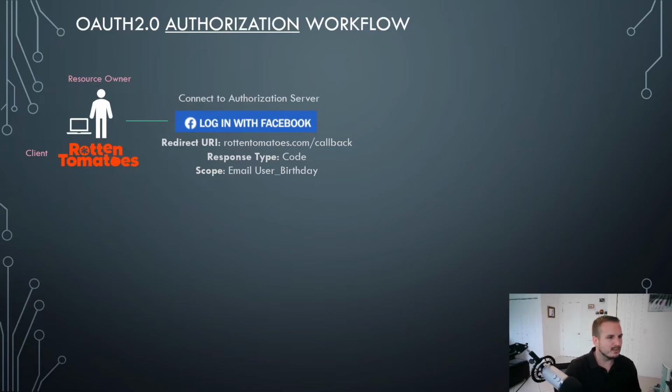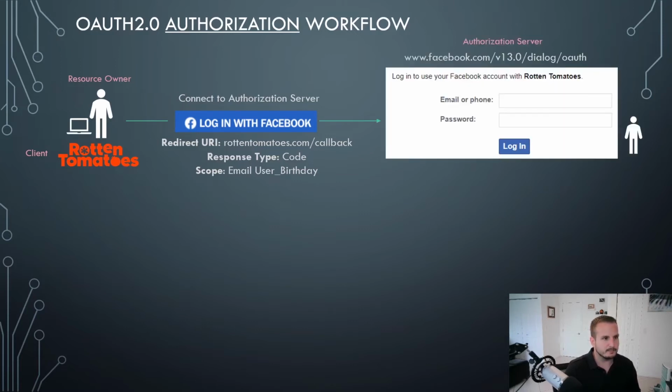Code is what you would typically use for a traditional explicit authorization workflow. Let's say for our scope, we want to ask for the email as well as the user birthday. If we just wanted the email, which I think is what Rotten Tomatoes just asked for, we would just have the scope as email. But for example's sake, let's say we're asking for email and user birthday.